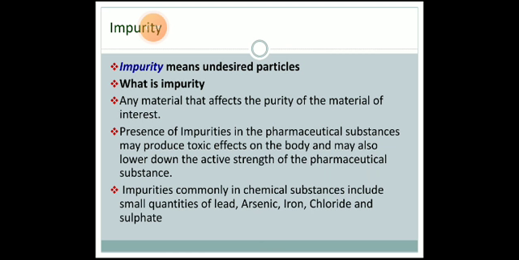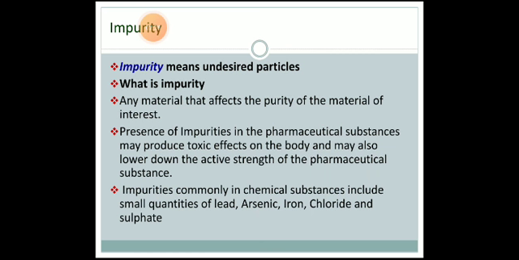Any material that affects the purity of the material of interest. The presence of impurity in pharmaceutical substances may produce a toxic effect on the body and lower the active strength of the pharmaceutical substances.